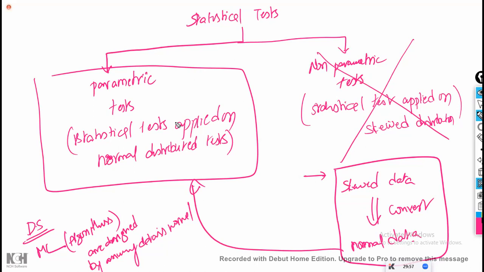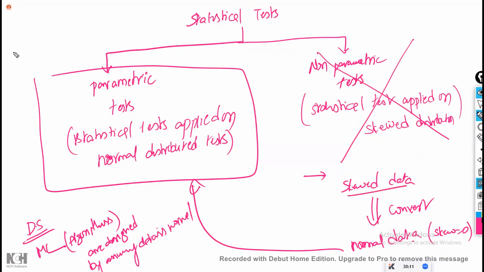Why, sir? Is skewed data that bad? Very simple. Normal data means where the skewness is exactly equal to 0. Symmetrical distribution. Now, if you go with skewed data, it can be left skewed, this much skew can be there, slight skew also can be there. There is no limit. The data can be like this also, right?